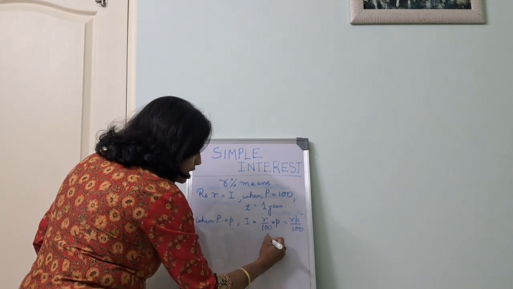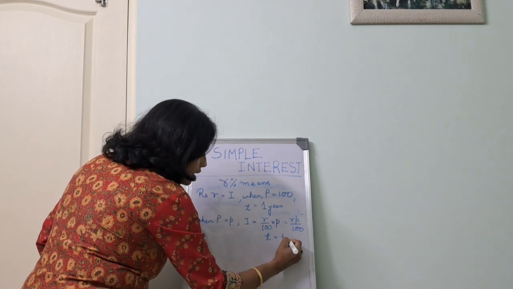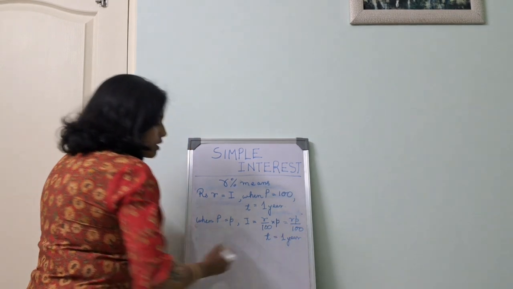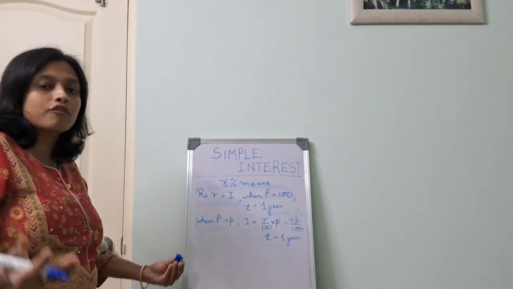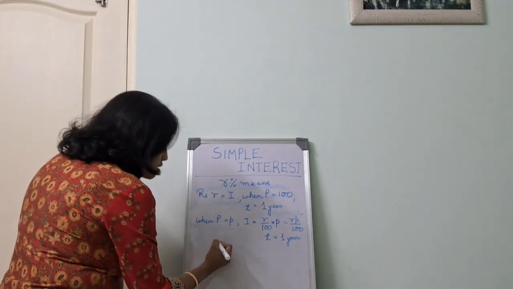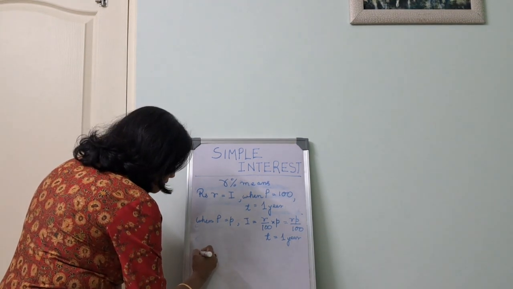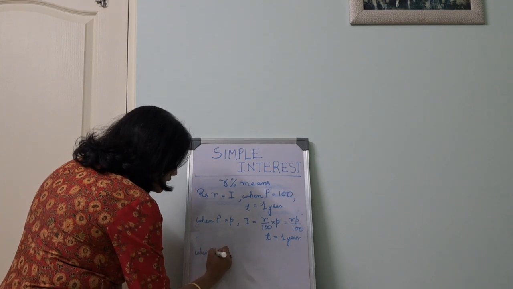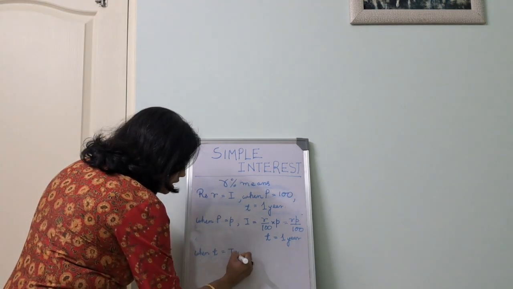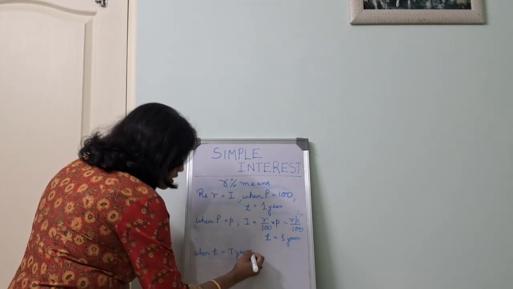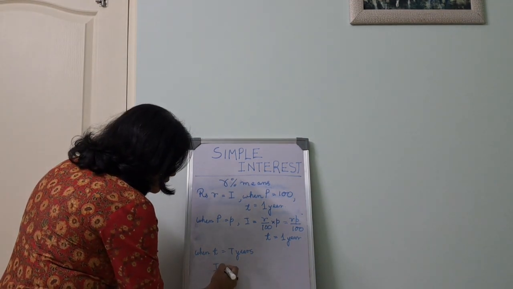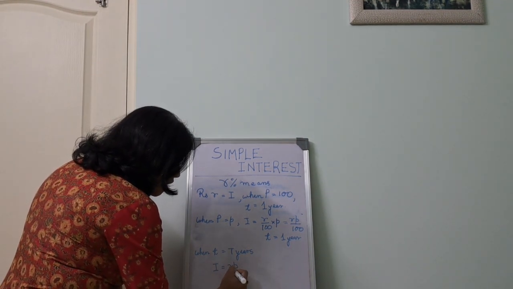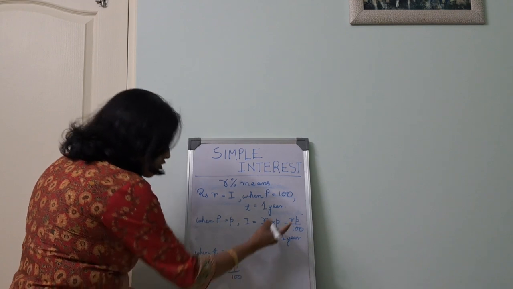But that is when the time is 1 year. Now time is never always 1 year. It will be 2 years, 3 years, a few months. So when t is equal to t years, what will the interest be? It will be rp by 100 for 1 year.